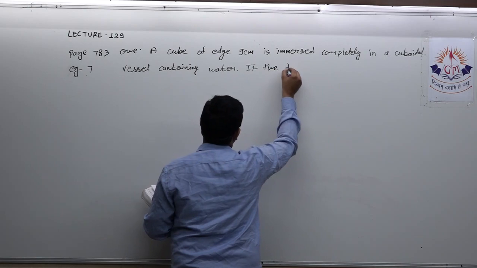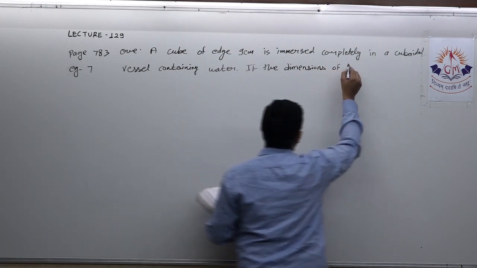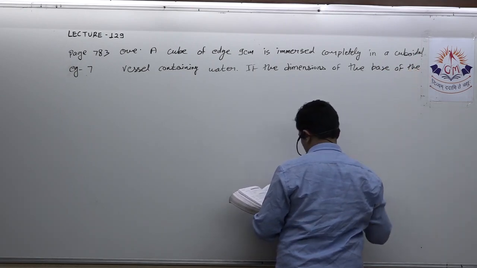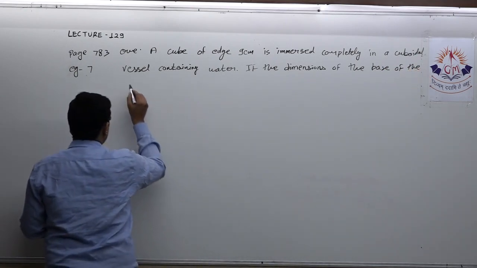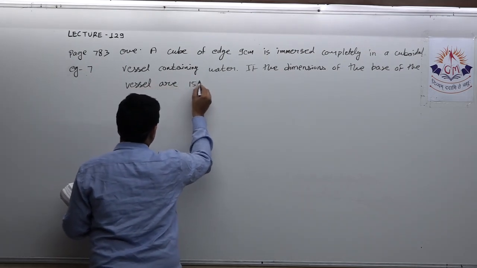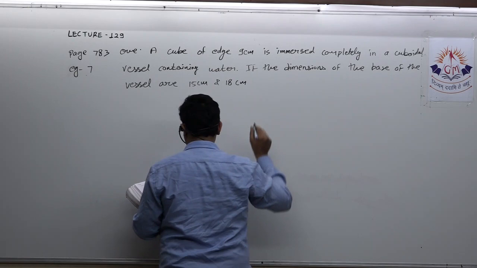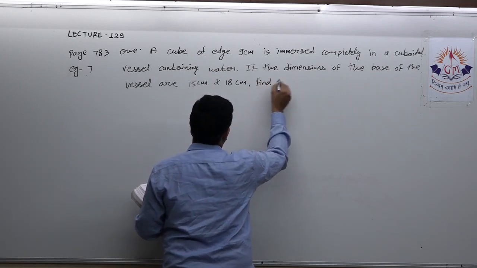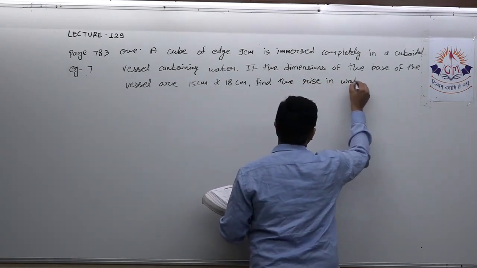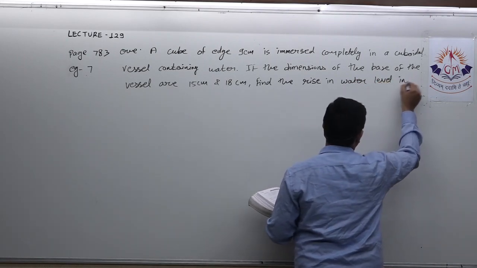If the dimensions of the base of the vessel are 15 centimeter and 18 centimeter, find the rise in water level in the vessel.